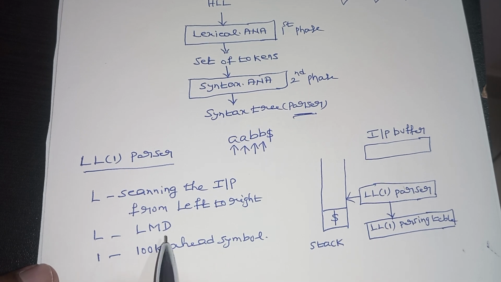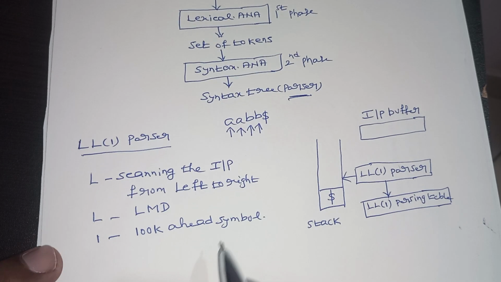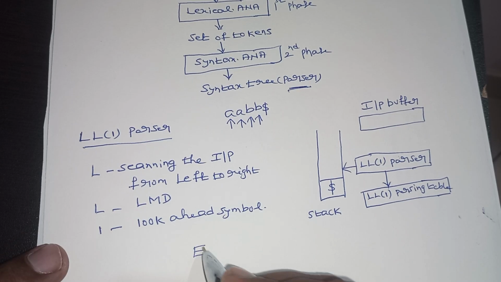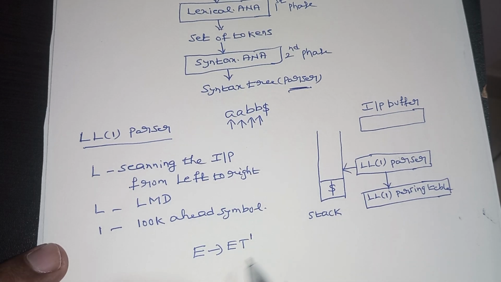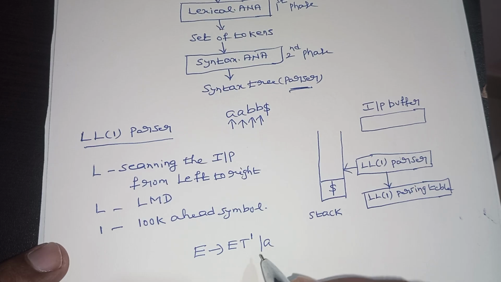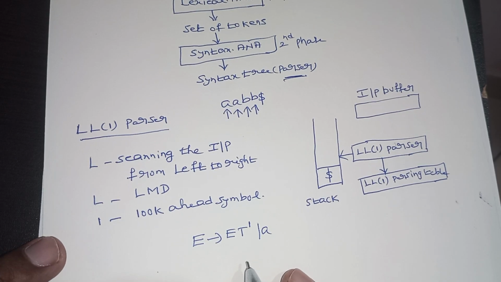The second one is LMD, and you already know LMDs. LMD means leftmost derivation. For example, if you take E goes to E T', assume. What is leftmost derivation?